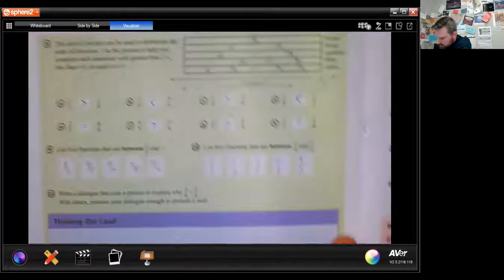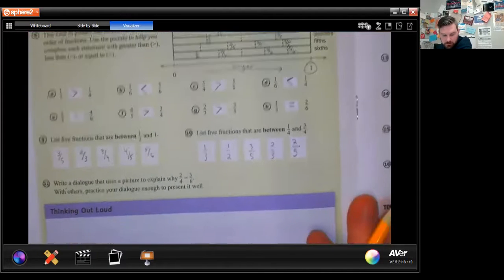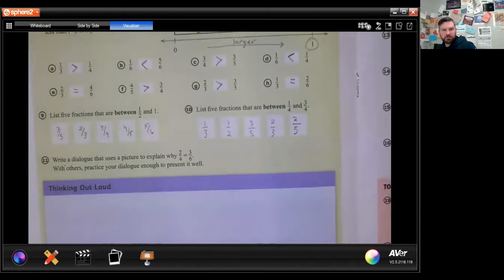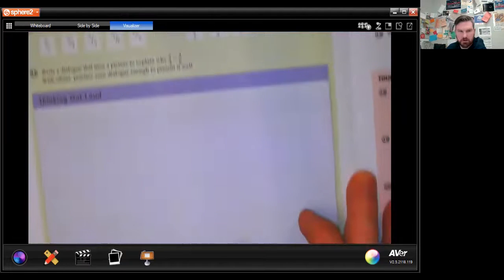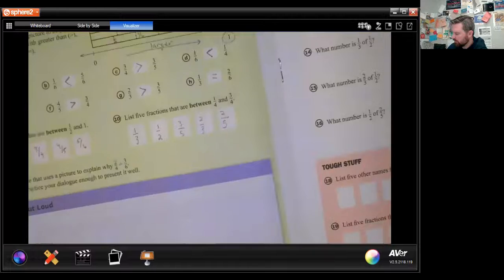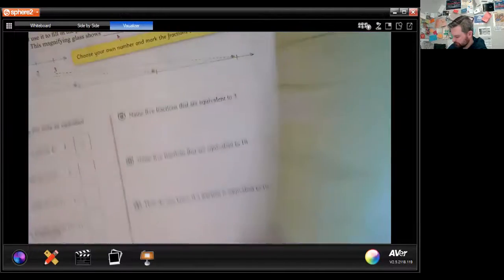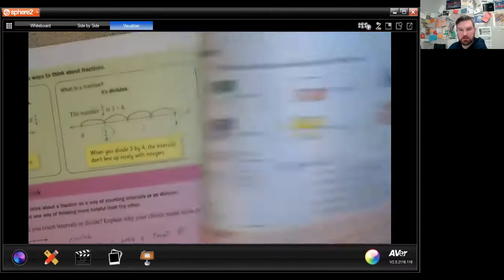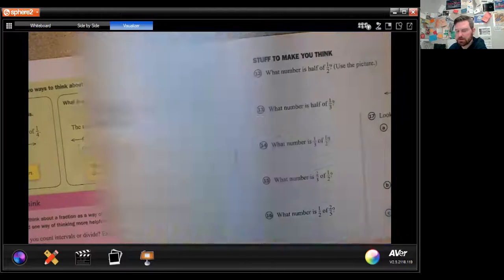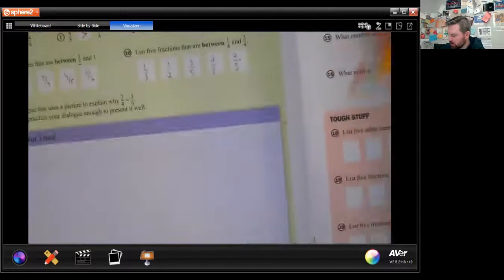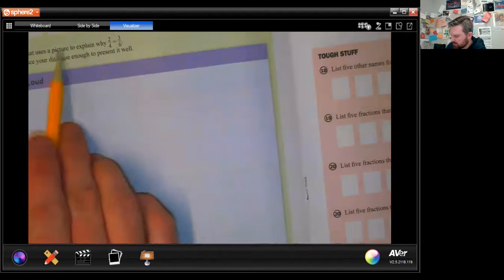All right. Write a dialogue that uses pictures to explain why 2/4 equals 3/6. With others, practice your dialogue enough to present it well. Okay, so there's a lot of different ways you can look at this. In the previous unit, we used some pictures of squares to look at the dialogue. So I'm going to draw that as a picture here.